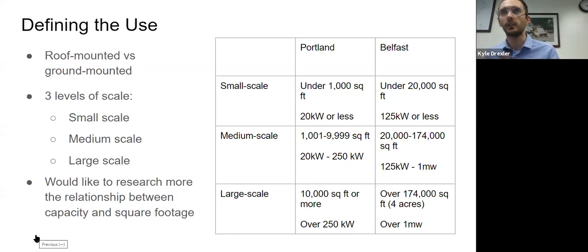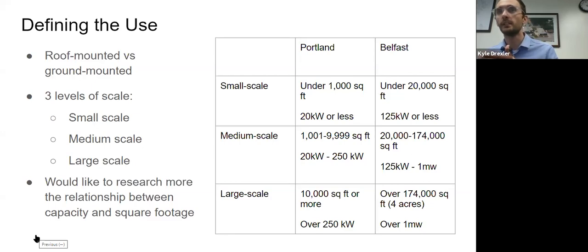It might be in the backyard of a home, or it could be, you know, those large scale facilities where that's the only thing on the lot. So then once you've narrowed that down, you get to kind of the scale of the system, and that could be based on either the square footage of the arrays, or it could be based on the capacity that it generates.